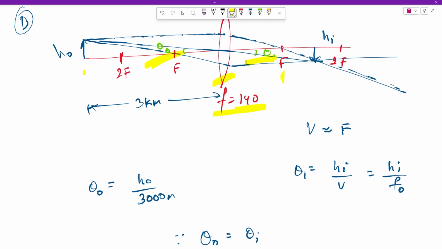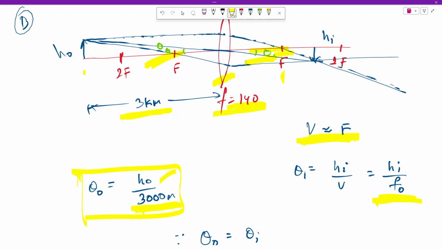Now here we can see that the image distance, or v, would be approximately equal to f, because 3 kilometer is too much as compared to the focal length of 140 centimeter. So we can write that theta naught would be equal to theta I, and theta naught can be given by the height of the object divided by the base, that is 3000 meter, and theta I, for the image, is given by the height of the image by the focal length of the objective.